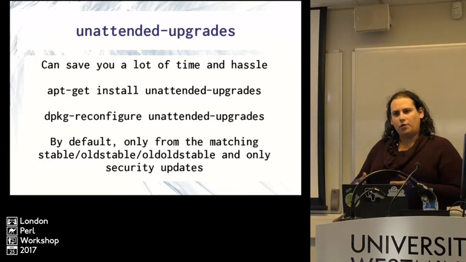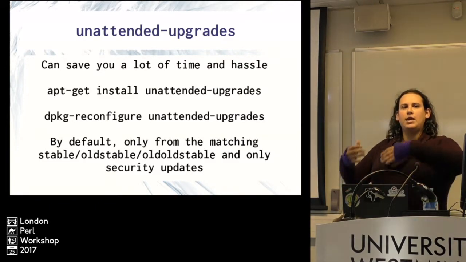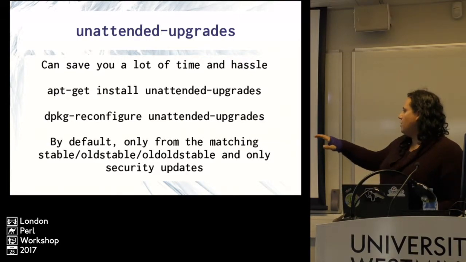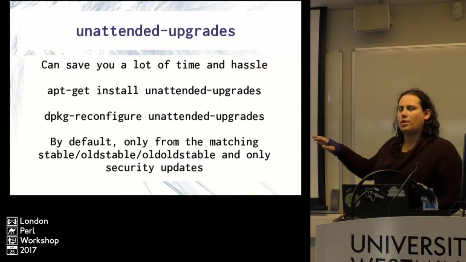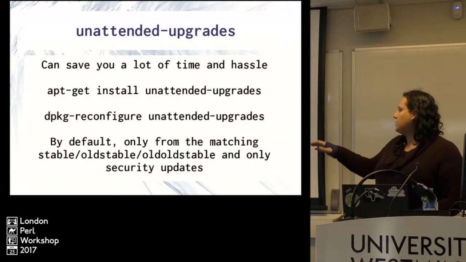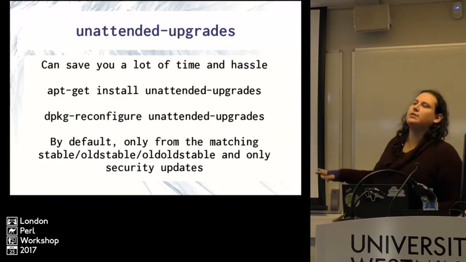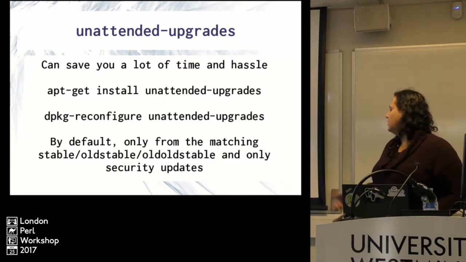You can modify it if you want, but by default, if you just hit enter repeatedly, it will only pull in security upgrades. And it will only be the ones that match the default release. So for stable now, that would be Stretch. For oldstable, it would be Jessie. And for oldoldstable, because of the Debian LTS project, that would be Wheezy.